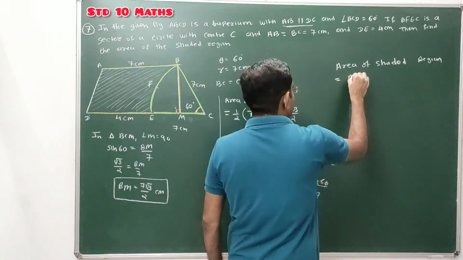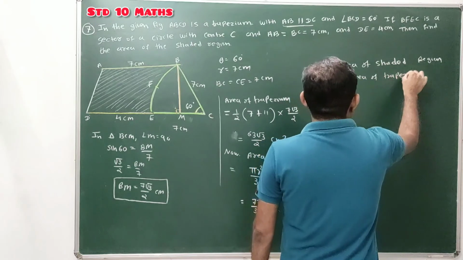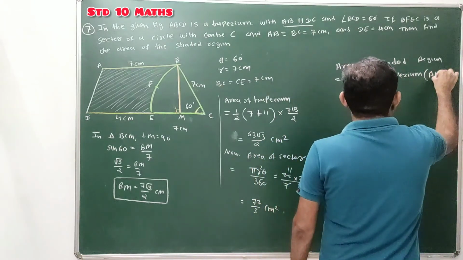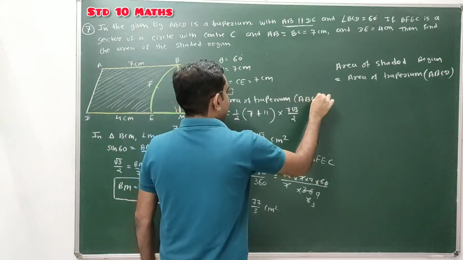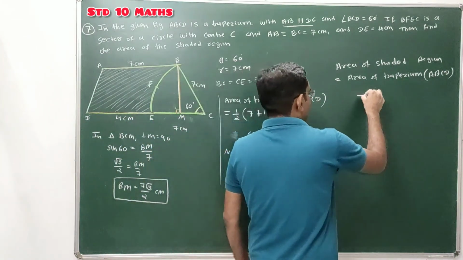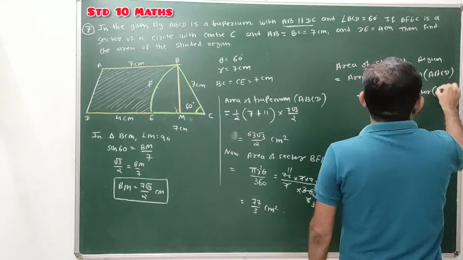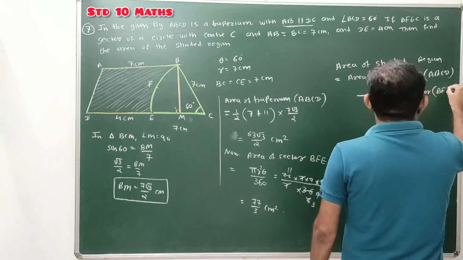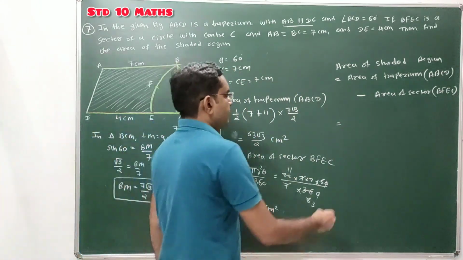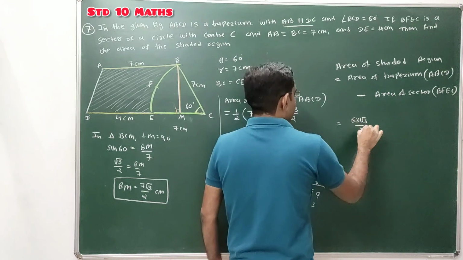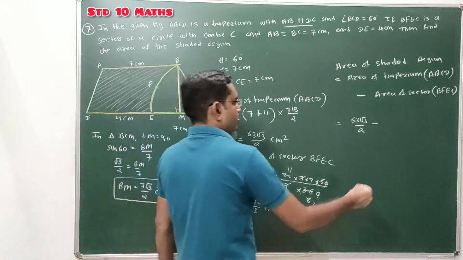The name of the trapezium is ABCD, right? Area of trapezium ABCD. Since the name of the trapezium is given, why not use ABCD. Area of trapezium ABCD minus area of sector. The sector's name is also given. Which sector? BFEC. So area of trapezium that we have derived, 63 root 3 by 2, minus area of sector BFEC, 77 by 3.